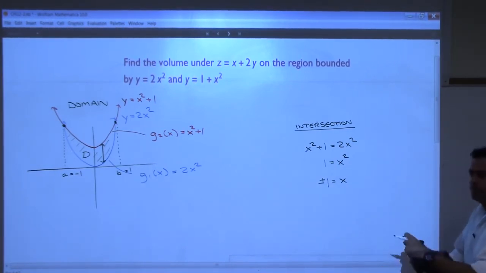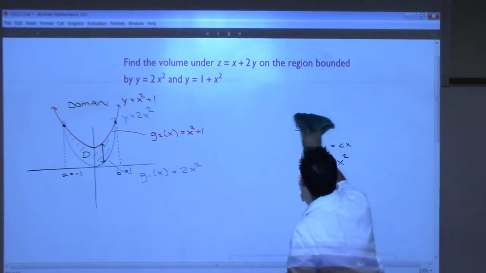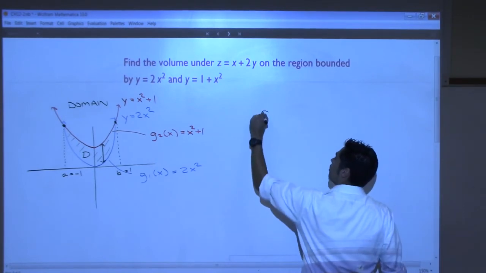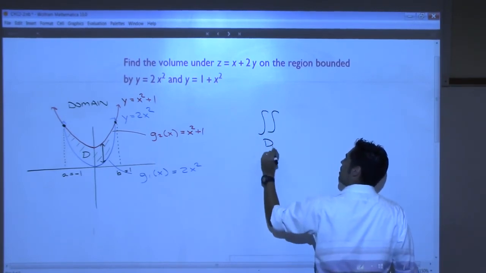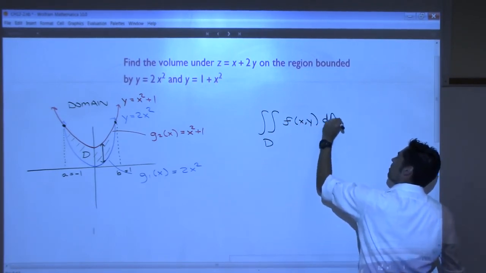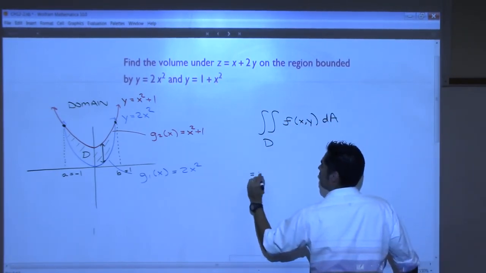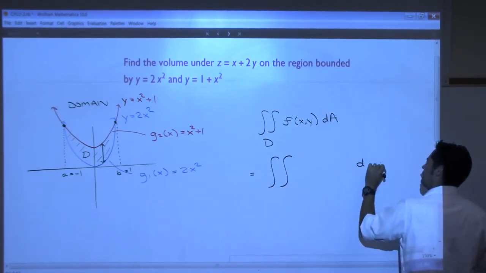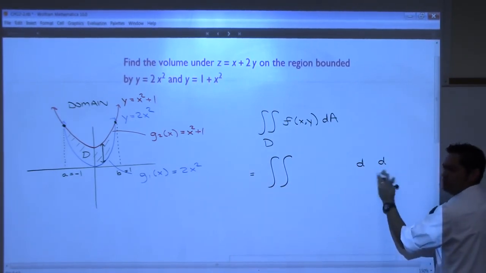All ready? The double integral over the region D of the function of x and y with respect to its area will be equal to the double integral d, you tell me here.